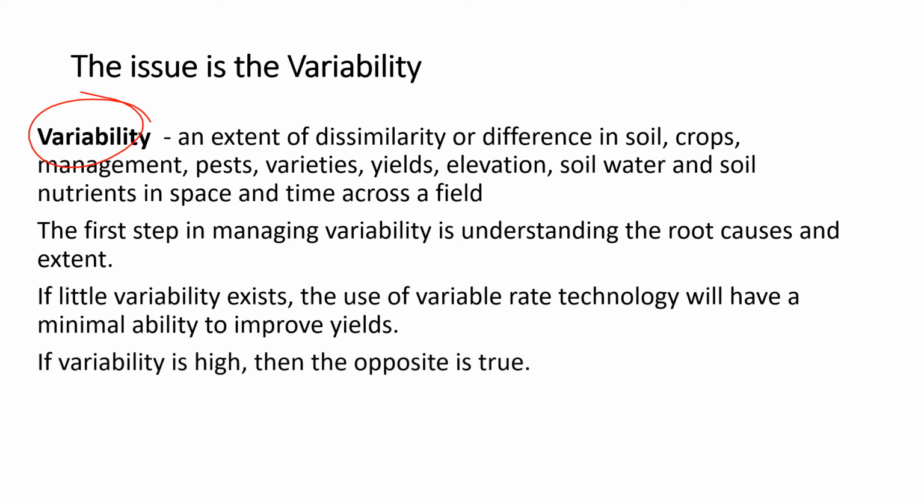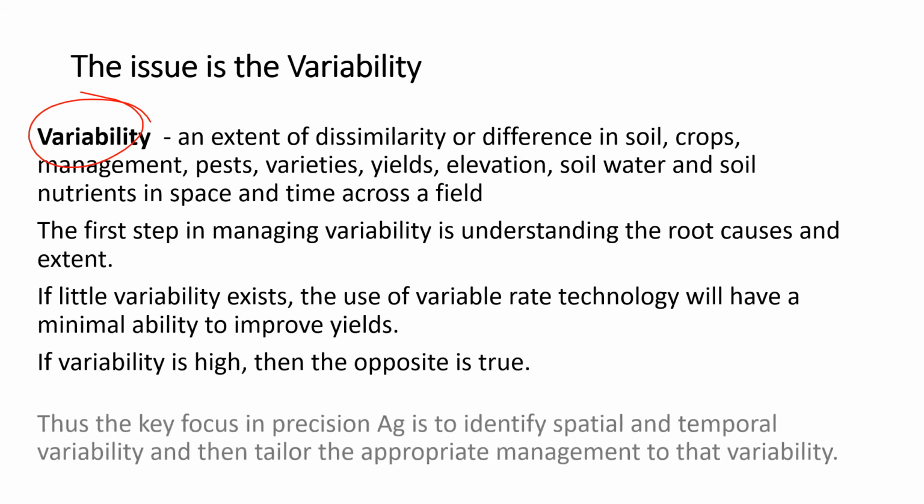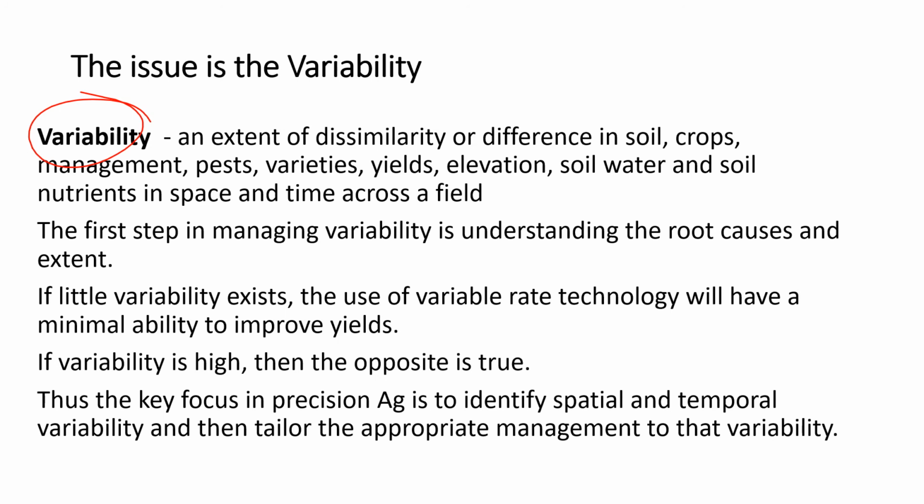Now, if variability is high, then the opposite is true, meaning that we need to take care of the variability so that we do not distribute these inputs on an equal basis, but distribute them depending on the requirement on any particular spot in the field. Thus, the key focus in precision agriculture is to identify spatial and temporal variability and then tailor the appropriate management to that variability.